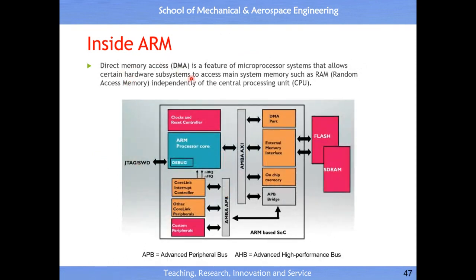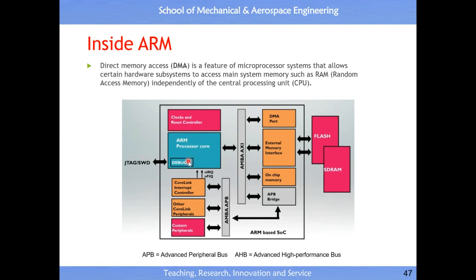Then for the direct memory access, for example, you have a computer to develop your program. The first practice in lab 1 is for you to install the software and download. Then the second practice is for you to download a program into the hardware. You do not need to go through the CPU. When you download the program, you do not need to request help from the CPU of the ARM.